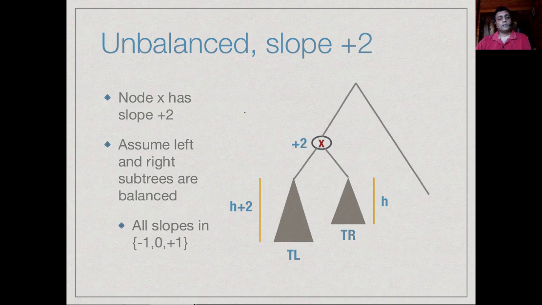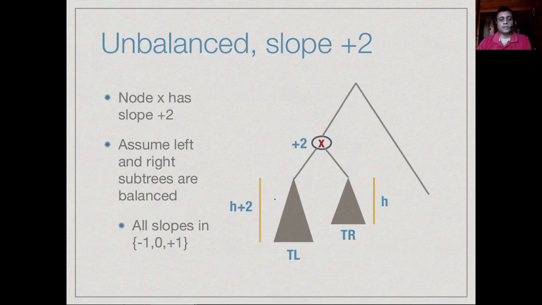So here is a typical situation that we would reach after a single operation which removes the balance. We might have a node which has slope plus 2 or minus 2. Let's look at plus 2; minus 2 will turn out to be symmetric. So we have a node which we call x, which has slope plus 2. It has a left tree and a right tree such that the height of the left tree is 2 more than the height of the right tree.